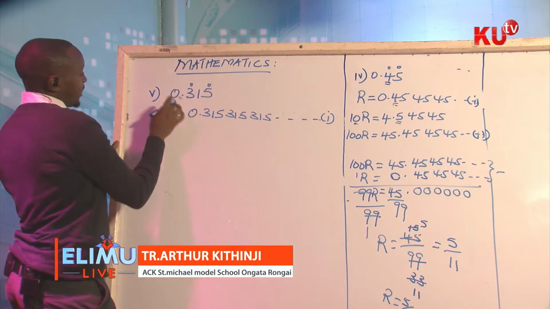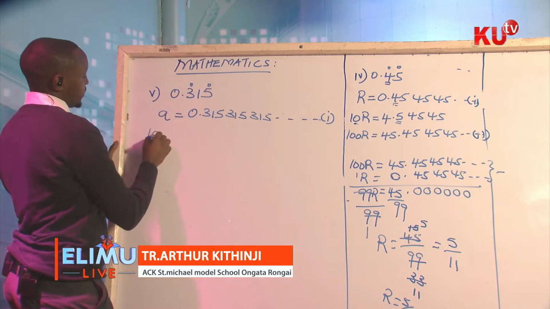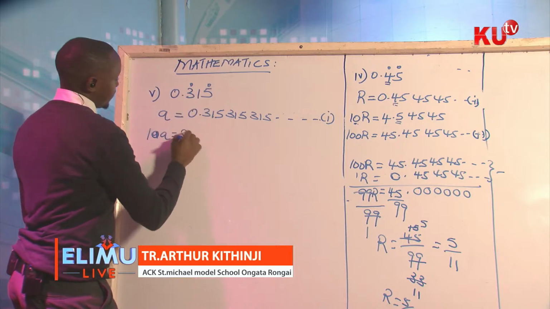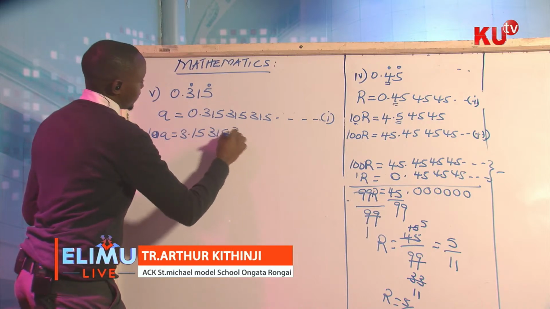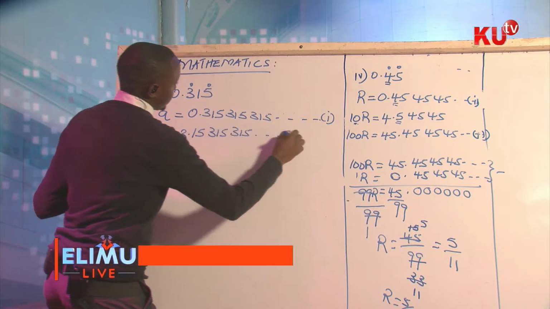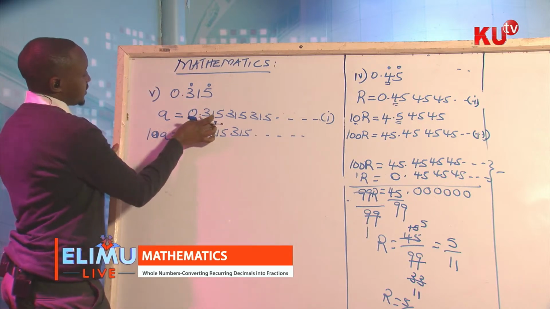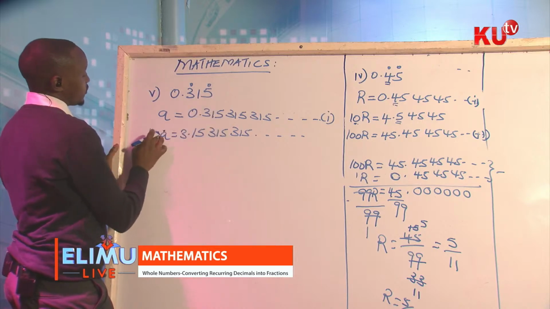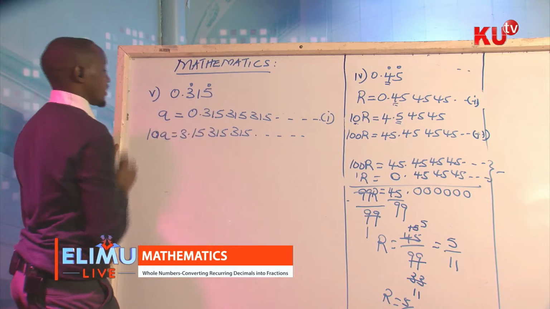Then we multiply this by a multiple of 10. Let's start by multiplying A by 10. So 10A will be 3.15315315. You see that the tenth digit in the original number is 3, and in our number that we have multiplied by 10 it is 1, which means if we subtract these, we don't get 0.